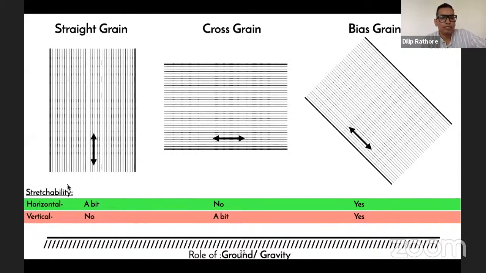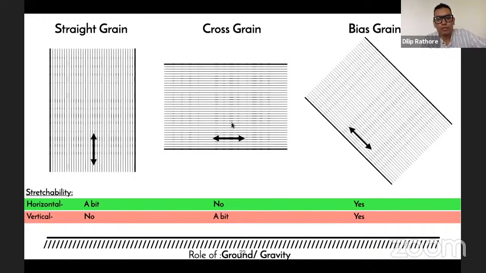So stretchability: in this first scenario, the horizontal stretchability is a little bit, because it's the weft grain. Vertically the fabric cannot stretch because warp cannot stretch.